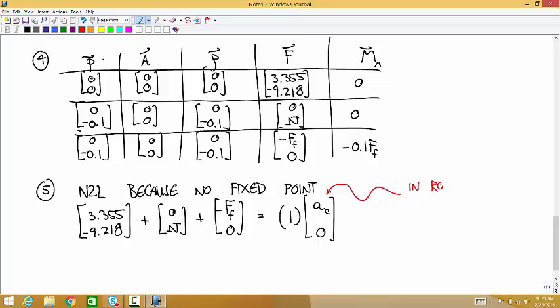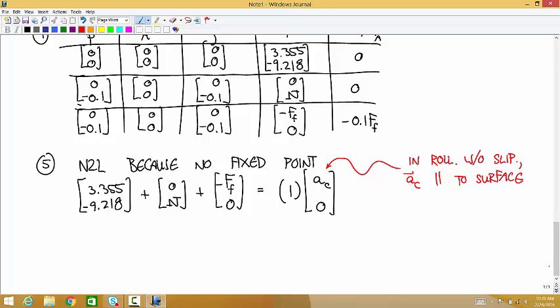So in rolling without slipping, the acceleration of the center is parallel to the surface. That's what let me simplify that acceleration vector.